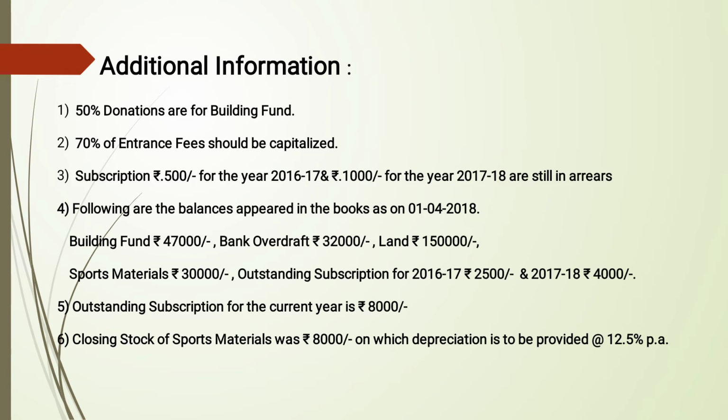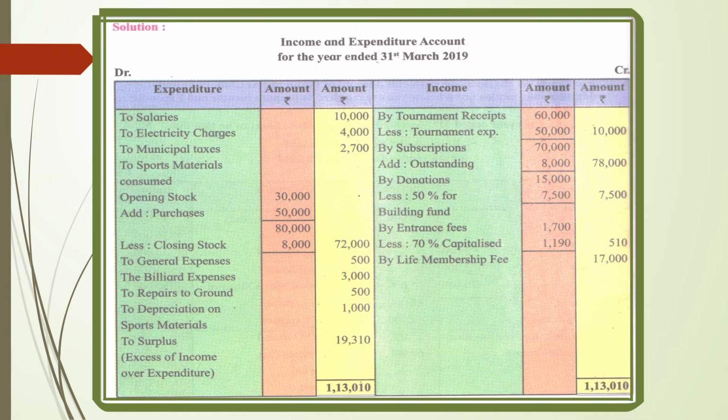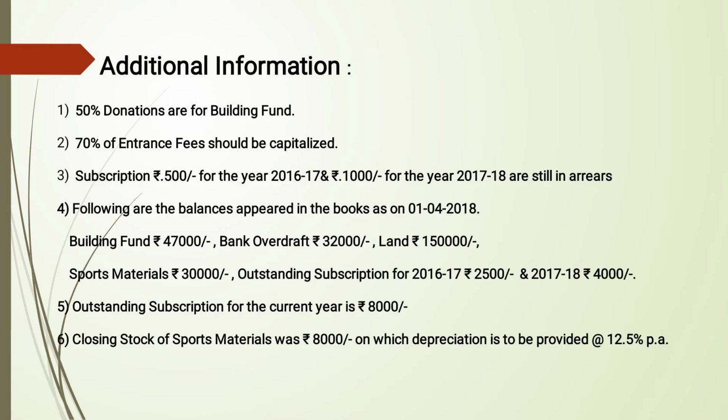But from this amount, the 2,000 amount is of 16-17 and 3,000 amount is of 17-18, shown in the receipt side. So see adjustment number 3. Rupees 500 for 16-17, means from 2,500 deduct the amount of receipt side of 16-17, that is 2,000.